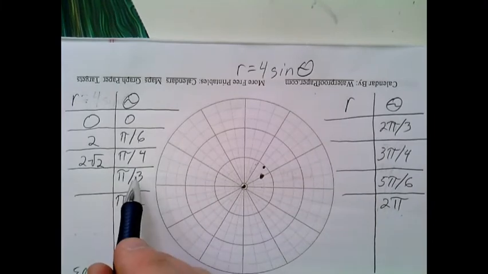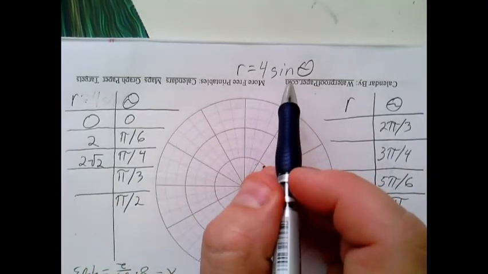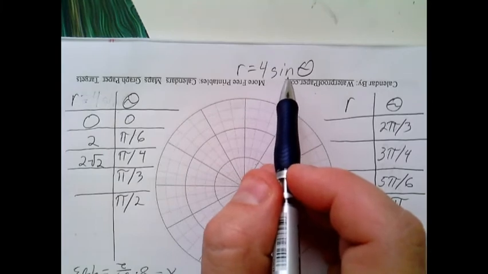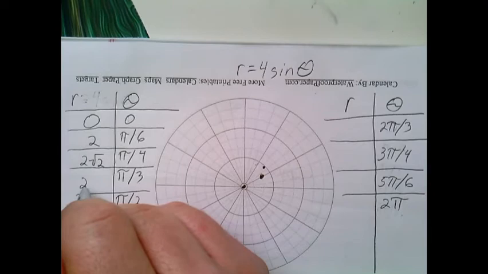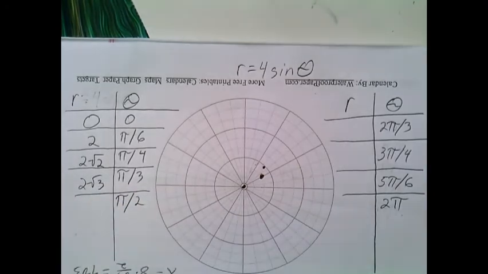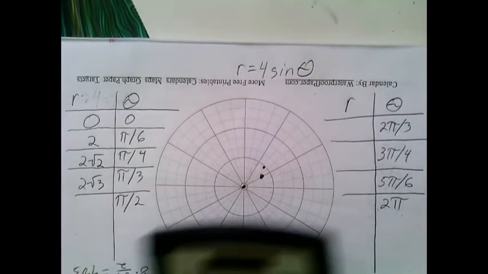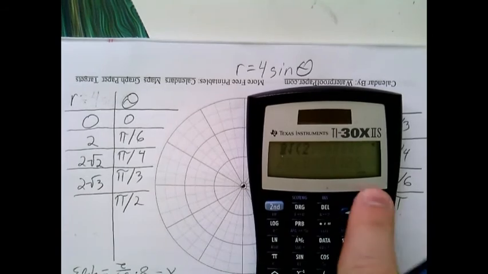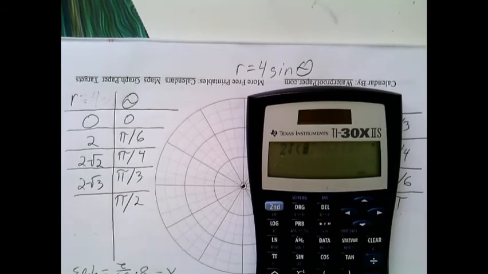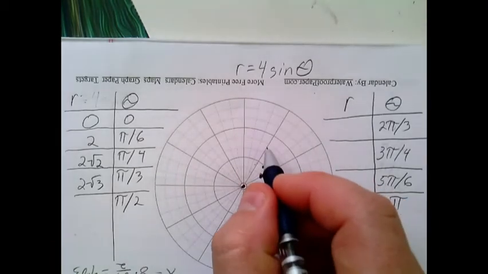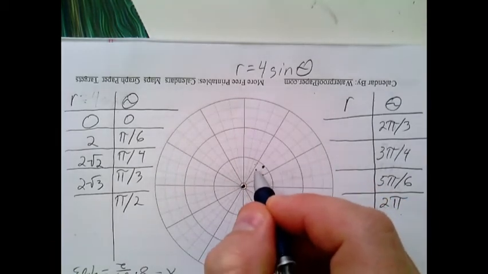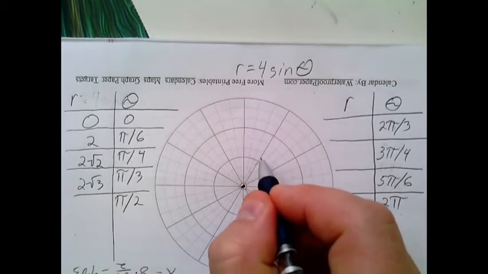Now for pi over 3, when I plug pi over 3 into sine, I get square root of 3 over 2, or times 4, 2 square root 3. Well, let me see. What's 2 square root 3? It's about 3.5. So on this radial line, I want to be at about 3.5.